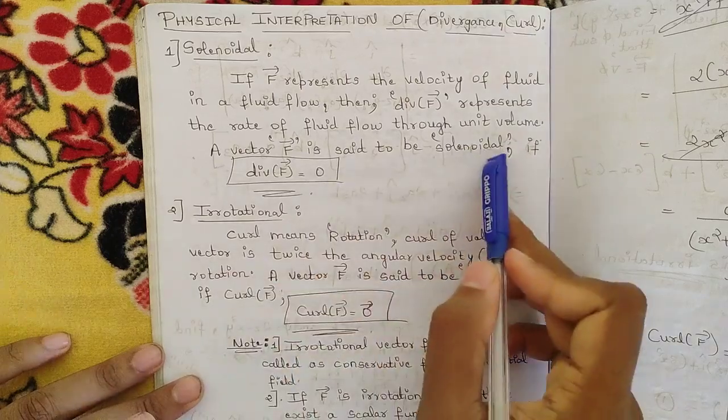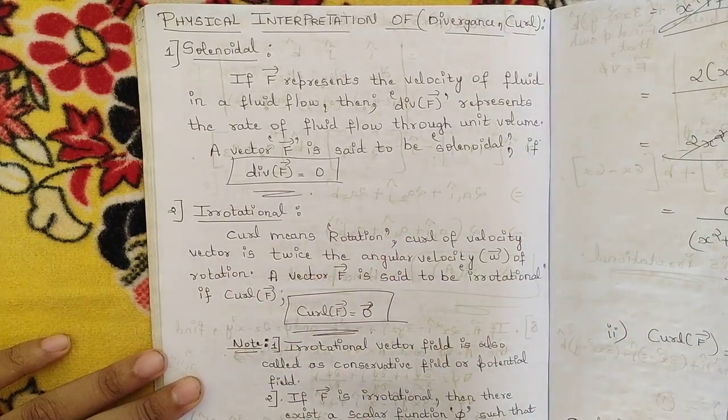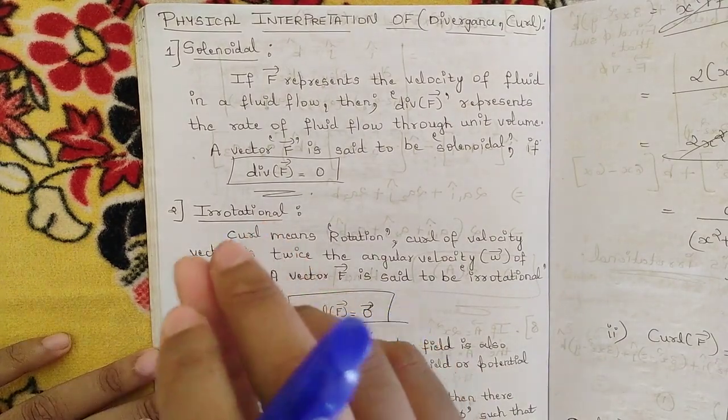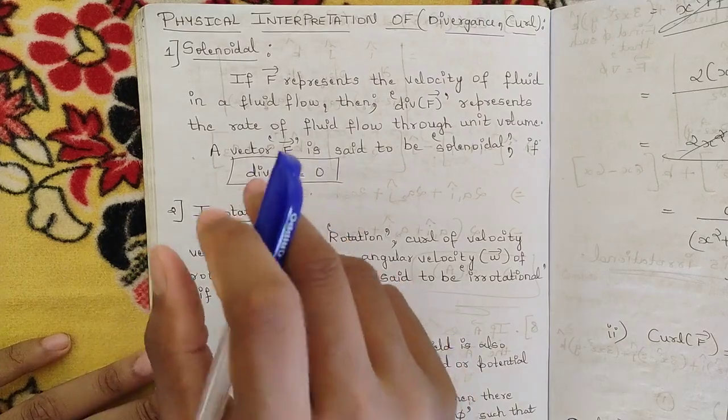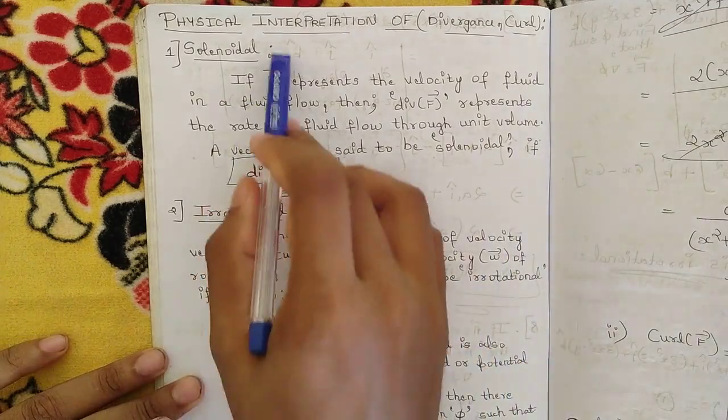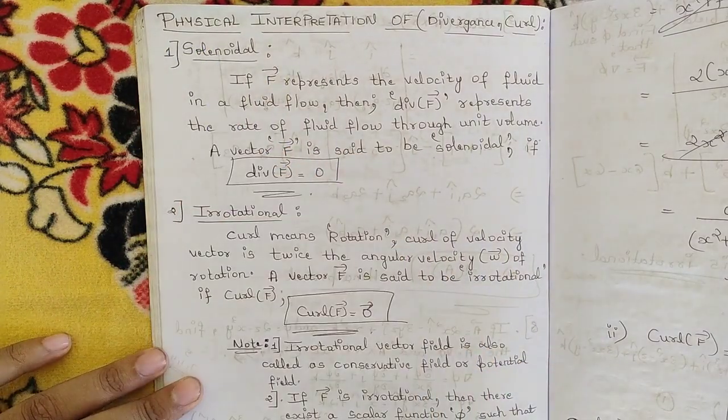In the question they would be giving you an f vector. We should take its divergence, and if the resultant answer is 0, then we can say that the condition is satisfied, that is, it is solenoidal.